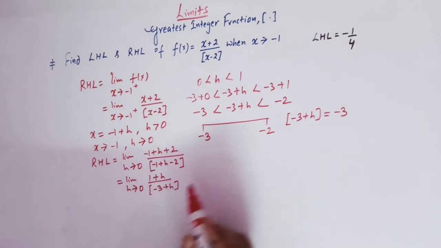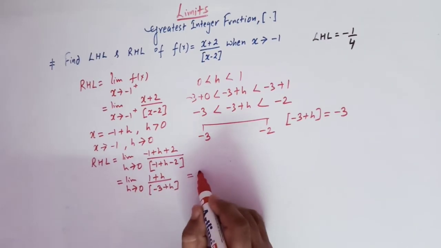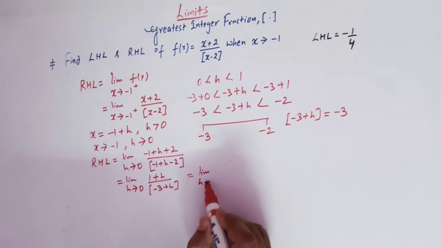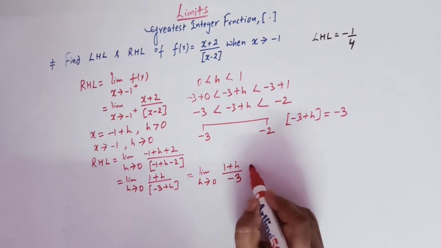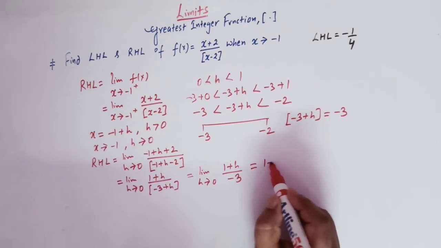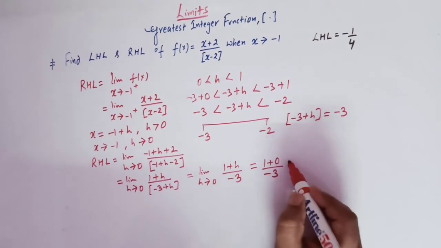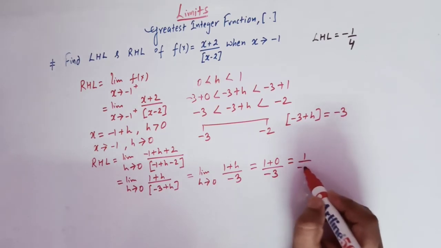So here we'll write minus 3. So we have limit h tends to 0, and we have 1 plus h over minus 3, and now we can take h is equal to 0 over here. So we have 1 plus 0 over minus 3, and that is equal to 1 over minus 3.